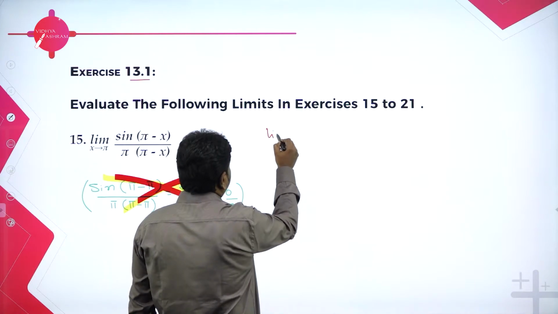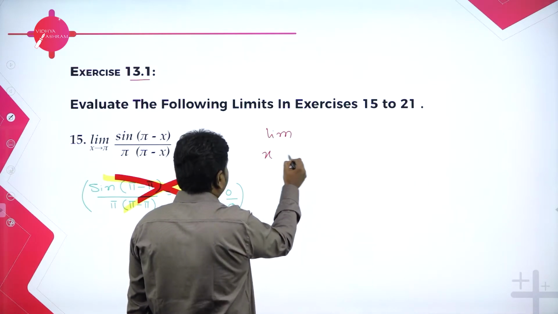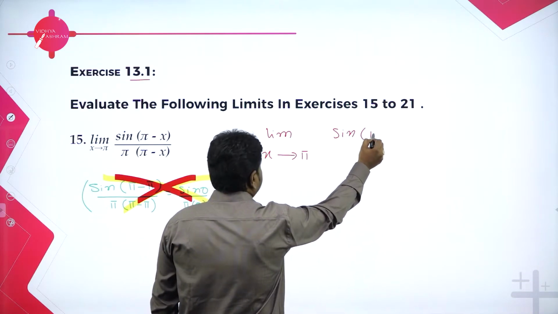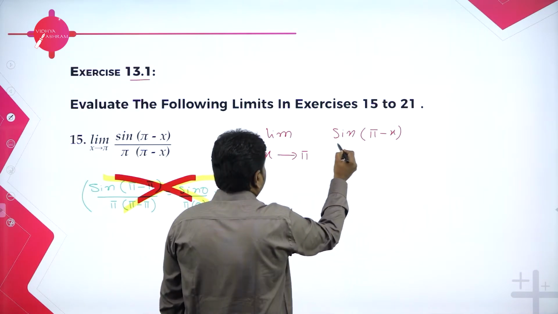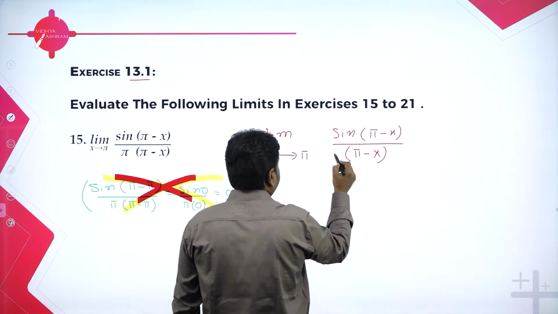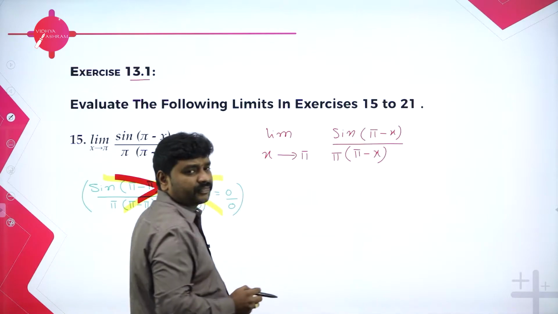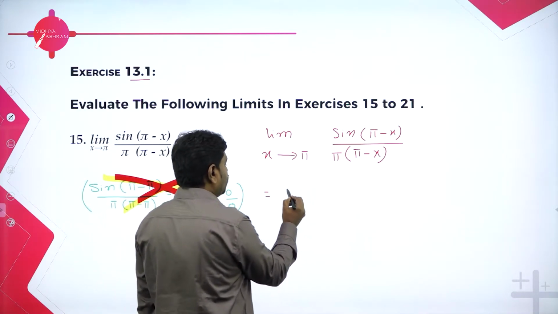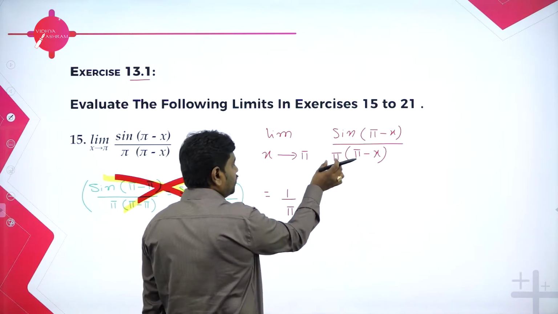So we'll take the problem, limit x tends to pi, sine of pi minus x divided by pi minus x into pi. Dear students, pi is a constant, you can take it out. So I can write 1 by pi outside. Pi is in the denominator, this I'll take out.